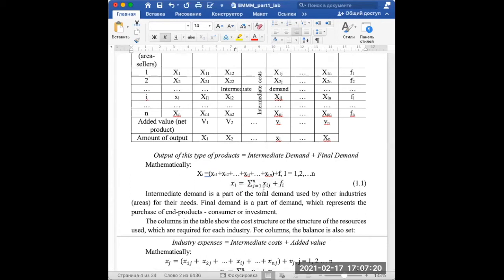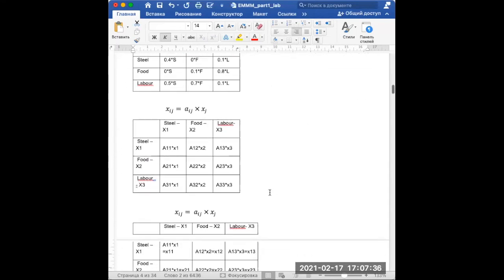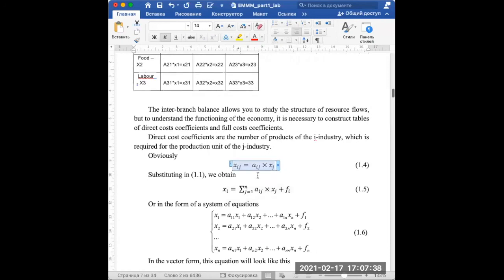So instead of the sum of xij, what can we write? We can write instead of this the multiplication between aij and xj. So if we put this into these formulas, we will get this kind of formulas.